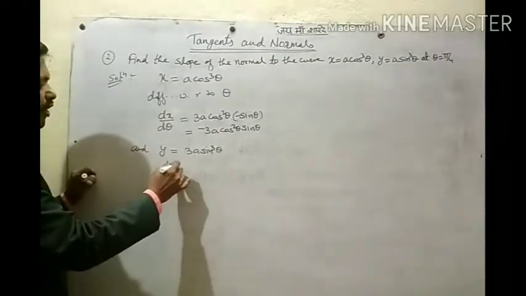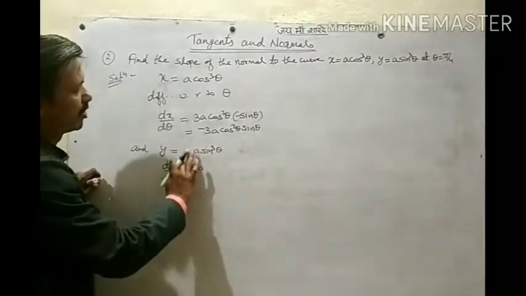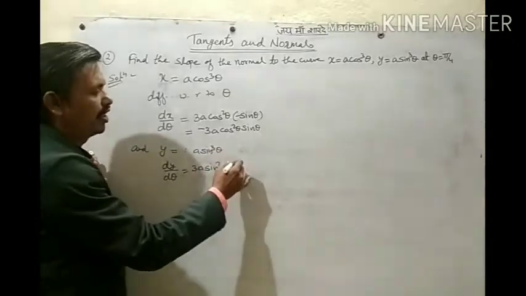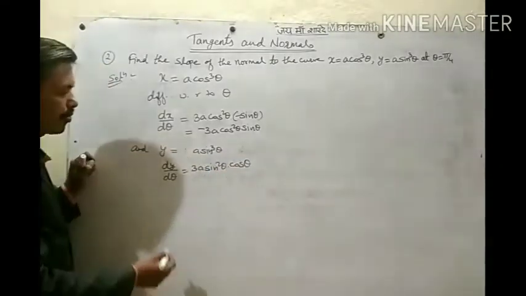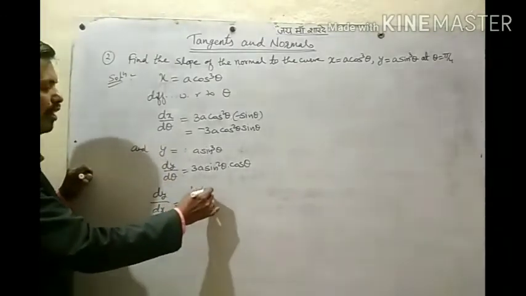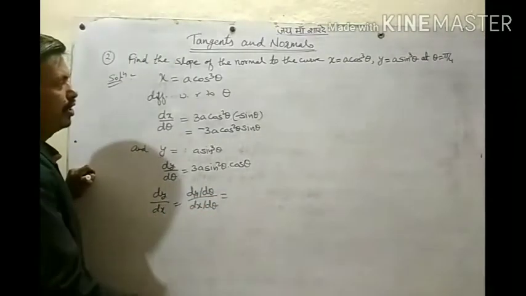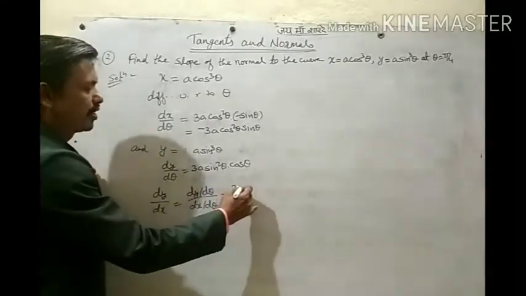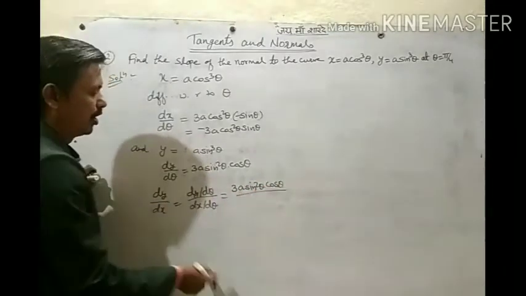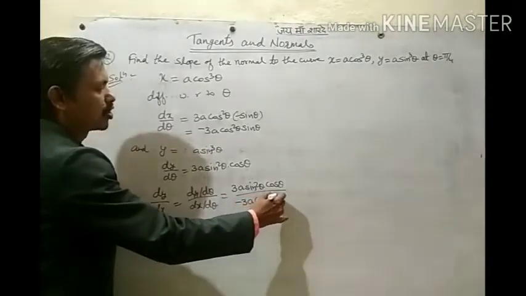So differentiating y also with respect to theta, we get 3a sin square theta into derivative of sin, again cos theta. Now dy by dx is dy by d theta upon dx by d theta. Okay? So dy by d theta is 3a sin square theta cos theta upon dx by d theta, minus 3a cos square theta into sin theta.